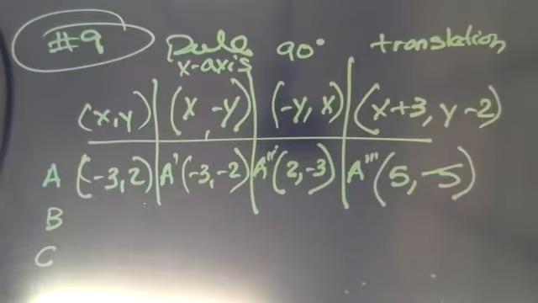And the same thing goes for the next one, for number 10. If you follow this chart, you'll be fine. One by one by one. For number 10, guys, it says choose all.